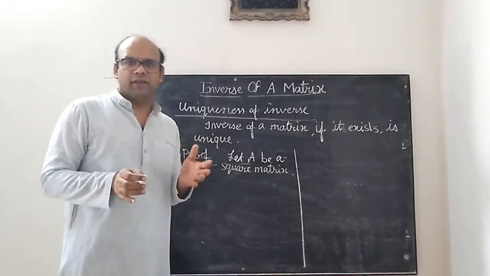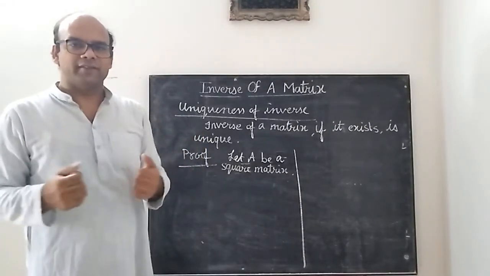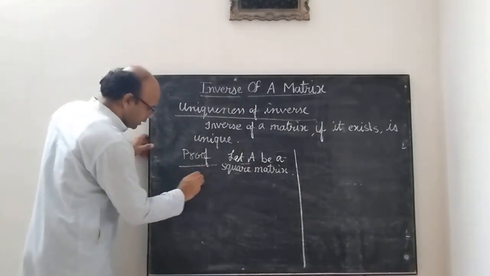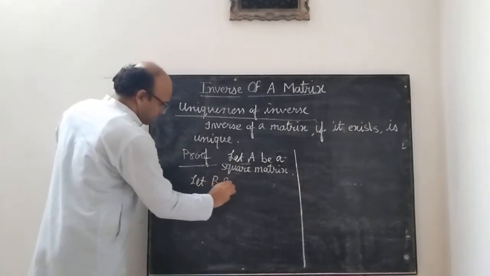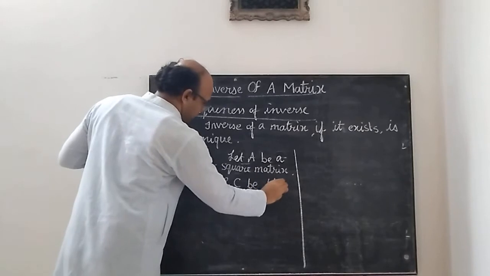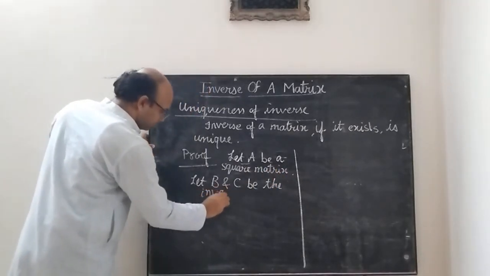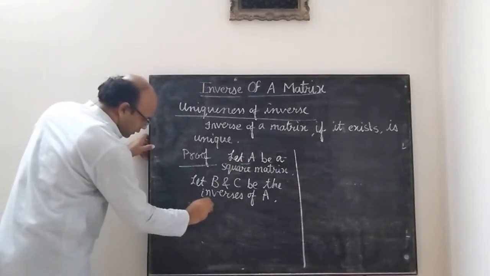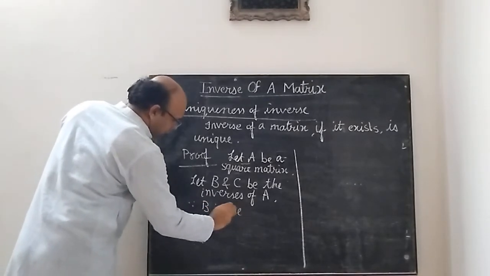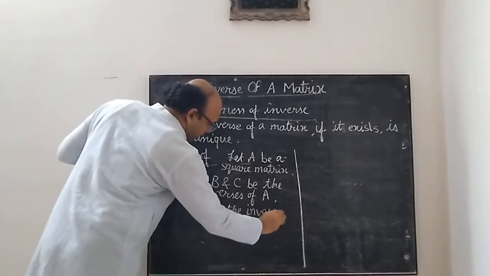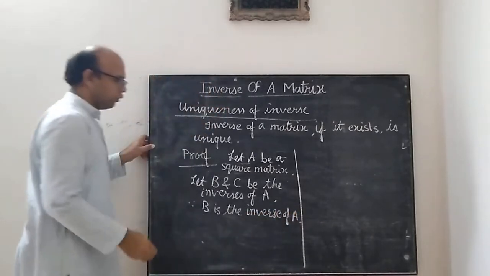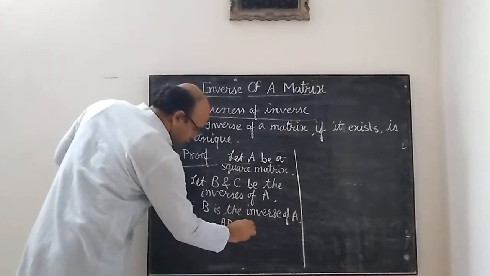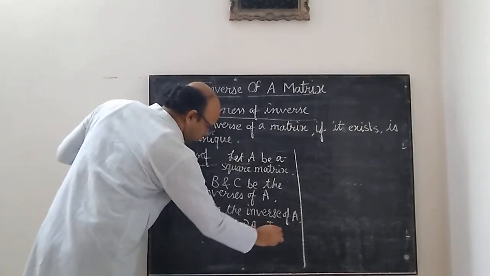And for simplicity, we take the matrices B and C of the same order to be the inverse of A. Now, since B is the inverse of A, this will mean that A into B is equal to B into A is equal to the identity matrix.